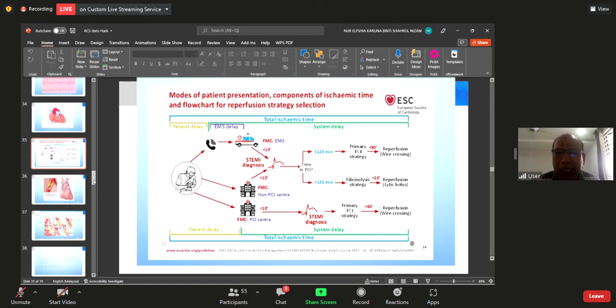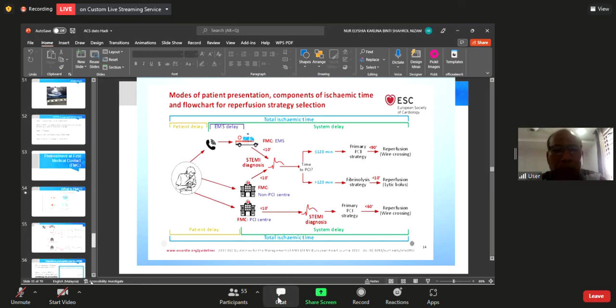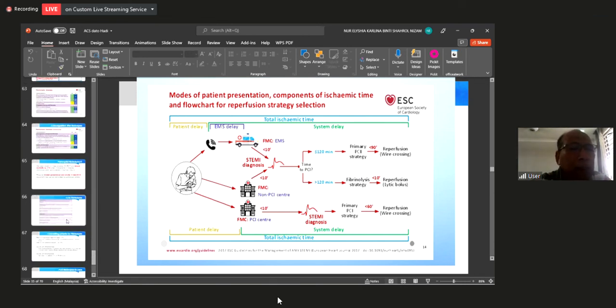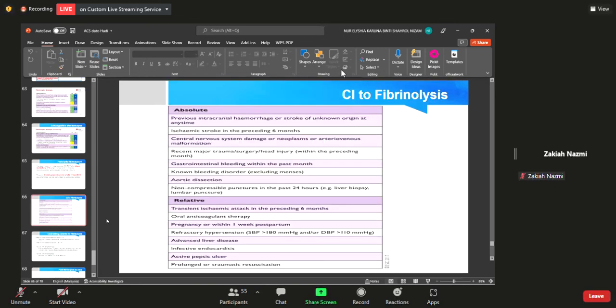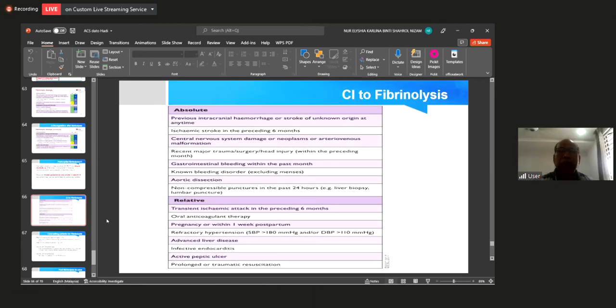Everything you have to discuss with the patient, the options, and if the patient requests to be transferred to another hospital, then you transfer the patient. This is the list of contraindications for therapy.